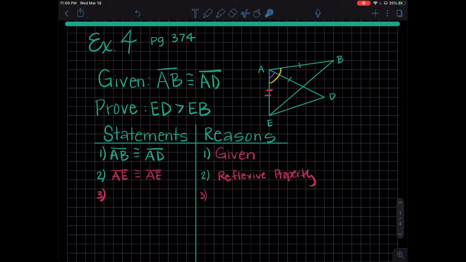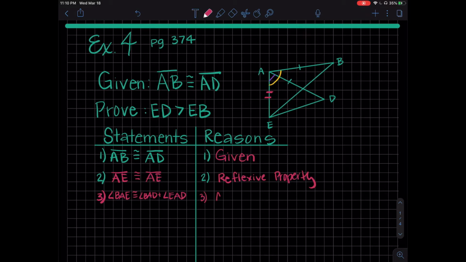So let's go ahead and state that angle BAE is congruent to the sum of BAD plus EAD. And that would be the angle addition postulate.